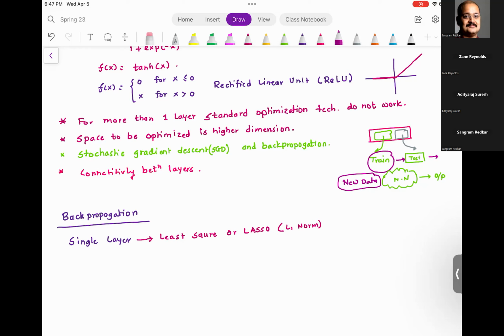So you want to keep track of computational complexity as we perform these large scale optimizations.